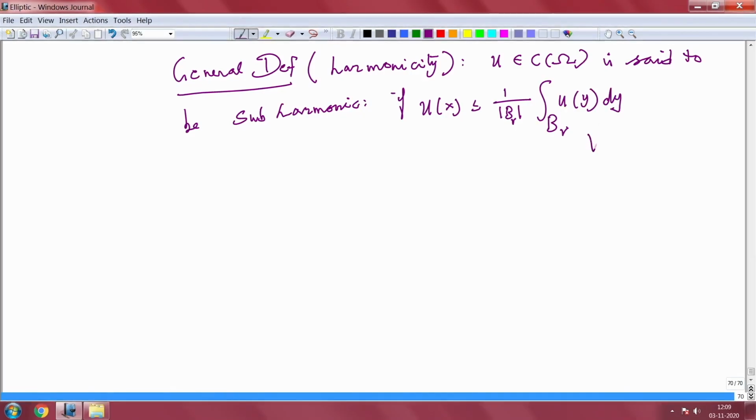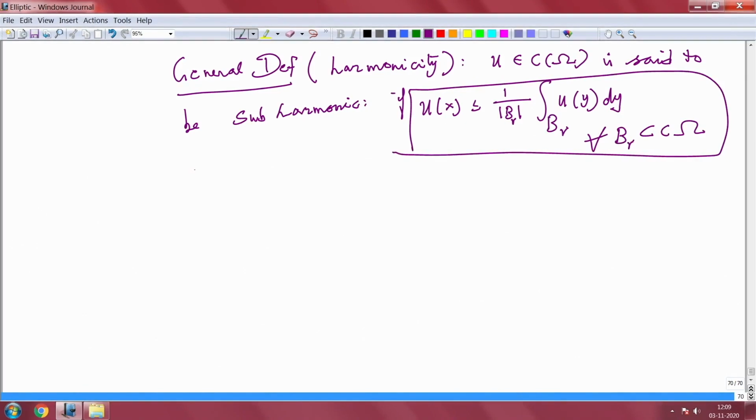This is true for all B_r compactly contained in omega. So that is where u is subharmonic. Two, u is said to be superharmonic if minus u is subharmonic, and the reverse inequality you will get, that is all.